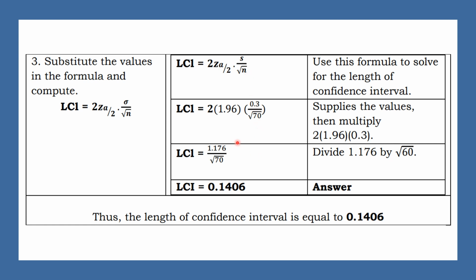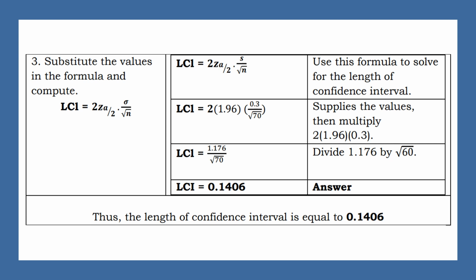Okay, so by multiplying 2 times 1.96 times 0.3, that is equal to 1.176. And then we have to divide 1.176 by the square root of 70. And the result is 0.1406. And this is now the length of the confidence interval.